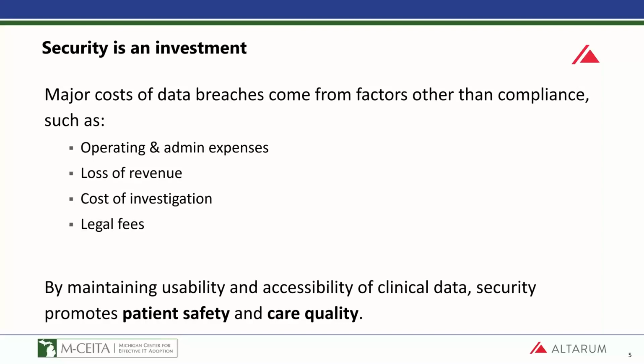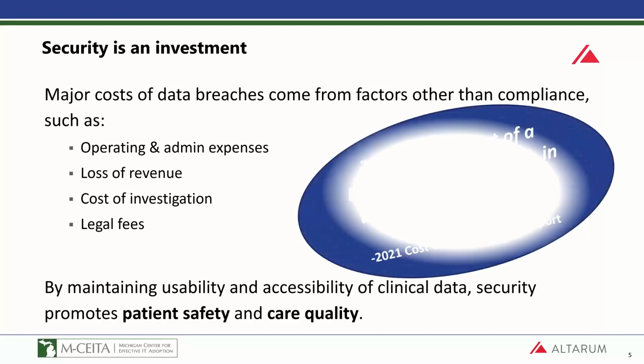We often think of the cost of HIPAA breaches as being lump sums per medical record, but other costs, such as operating and administrative costs, loss of revenue, costs related to investigation and incident response, legal fees, and others really add up.